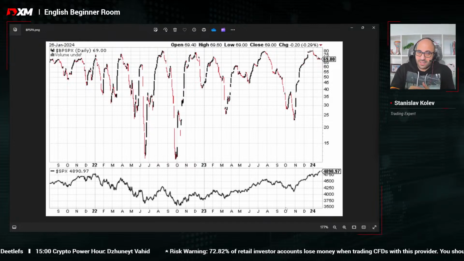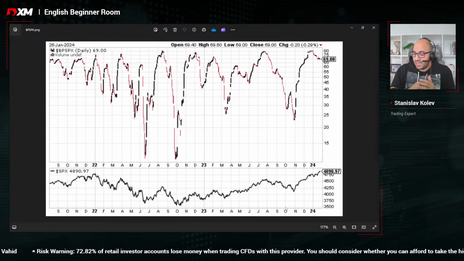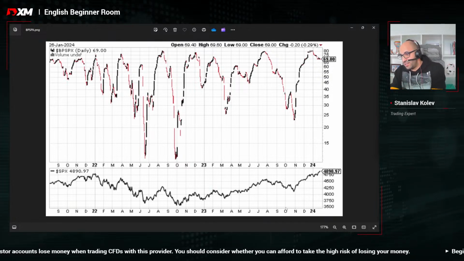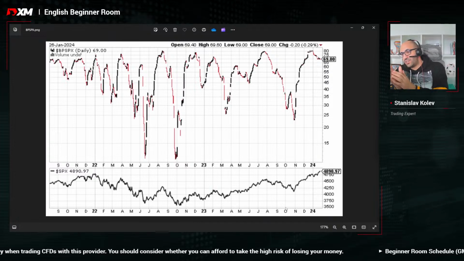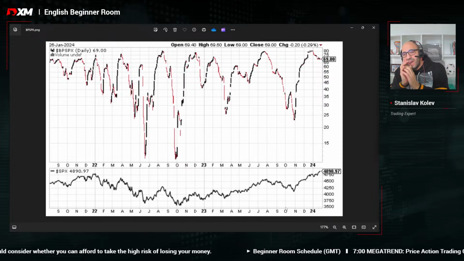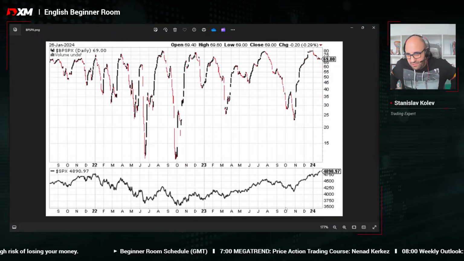Now, the ticker is BPSPX, and the bullish percent index number will tell you exactly what percentage of the stocks are in an uptrend, but without the actual chart, I say that it may not be very efficient.